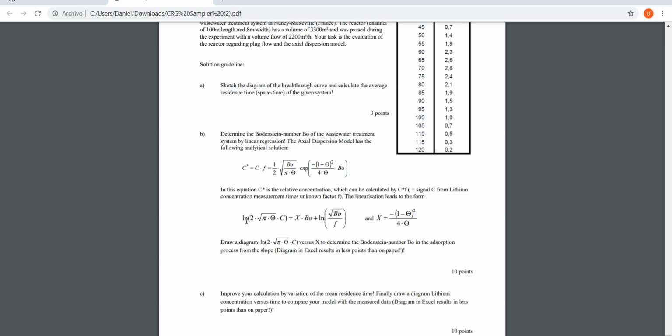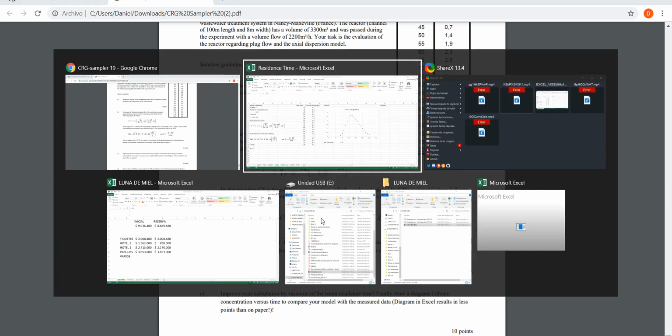Draw a diagram of the logarithm of these values versus x to determine the Bodenstein number Bo from the slope. A diagram in Excel results in fewer points than on paper. This point is pretty straightforward.